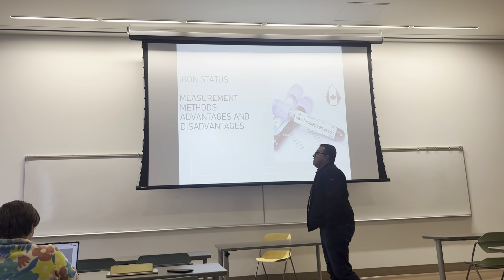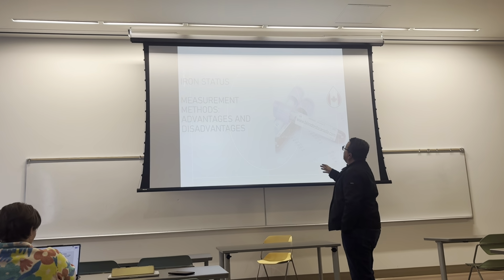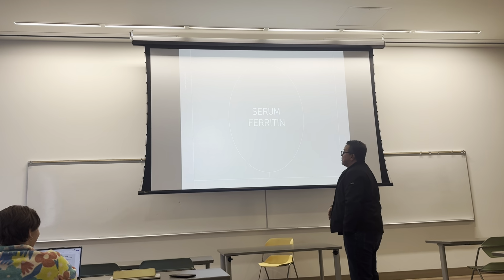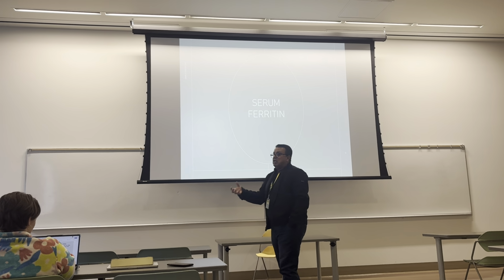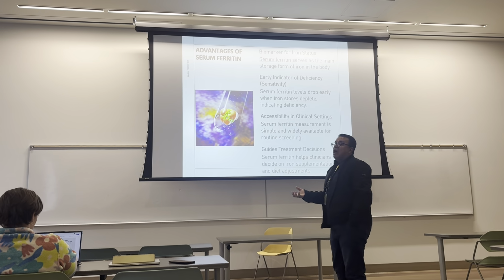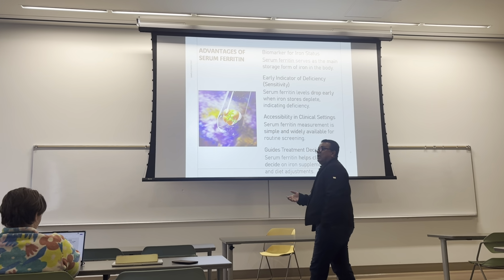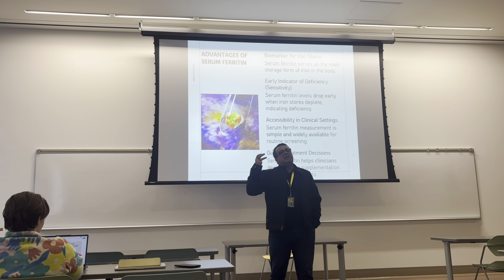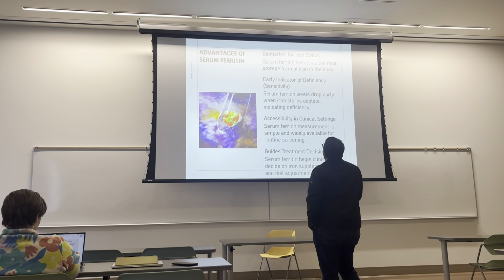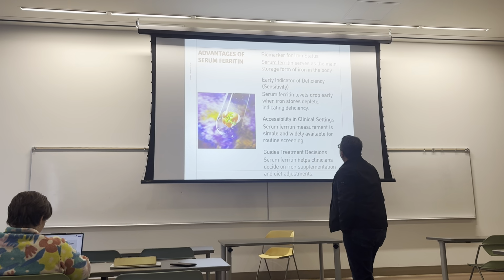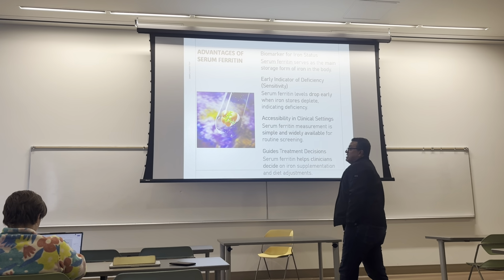The serum ferritin, this is one of the major storage forms of the iron which is present in the body. It can be present in the spleen, the liver, and the bone marrow. It is a very sensitive marker for iron deficiency anemia.